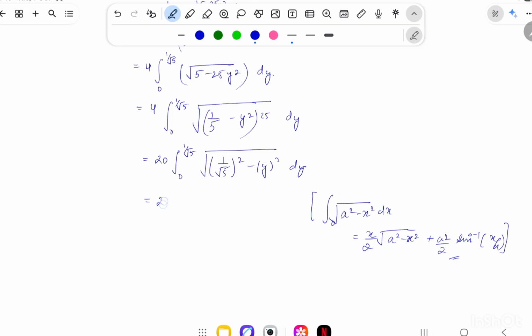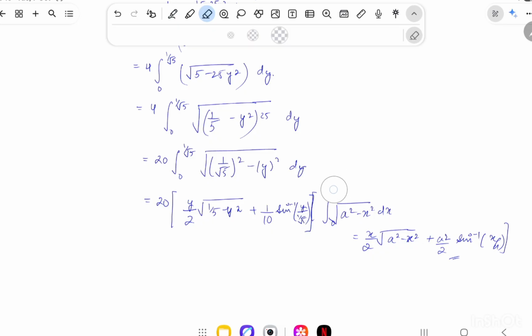That will be 20 times y by 2 under root 1 by 5 minus y square plus a square, that is 1 by 5, by 2, that is 1 by 10, sine inverse of y divided by 1 by root 5, with limits from 0 to 1 by root 5.